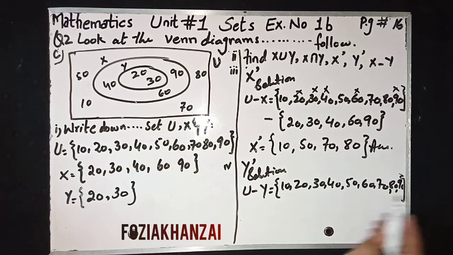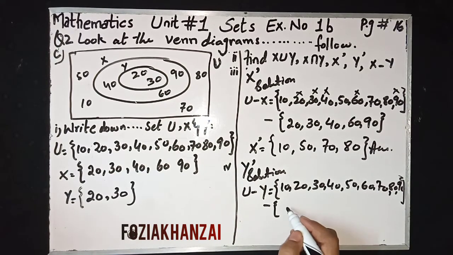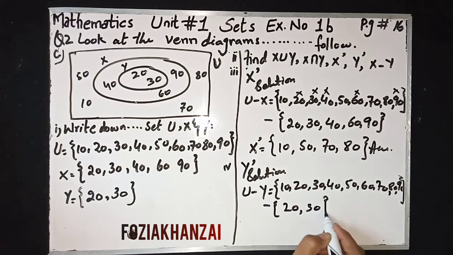Bracket close. Subtract sign, then set Y: 20 and 30, the elements of set Y.